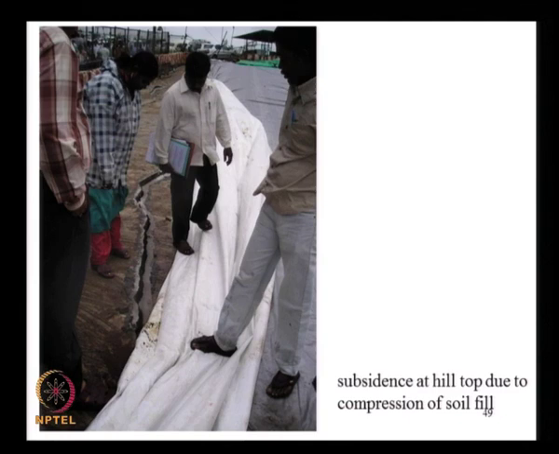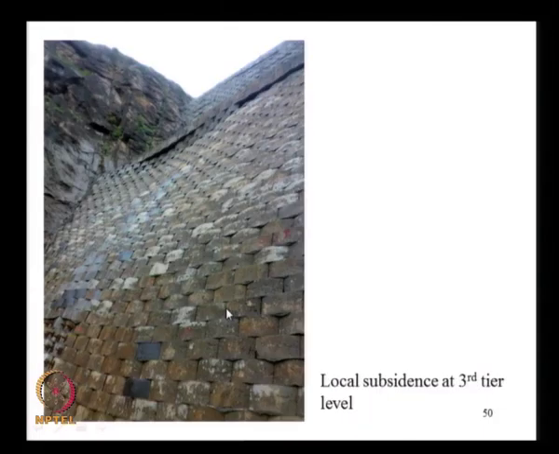So, that was not adequate, and after about 6 months of subsidence, the top concrete was removed, the top soil was removed, then it was replaced with pond ash, and then resurfaced. And here you see at the third tier level there were some differential movements, once again because part of the wall was resting on the hill and part on the lower tier of the walls.